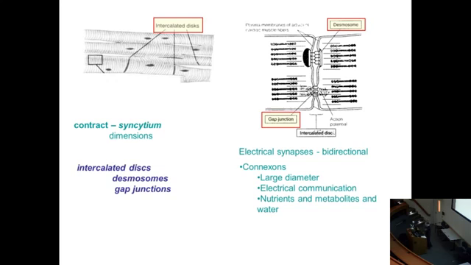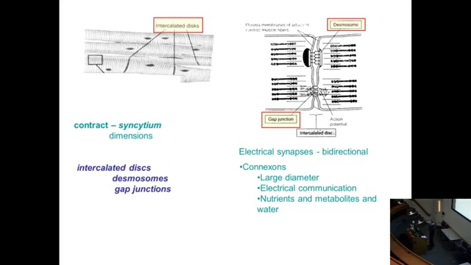There are 2 types of connections in the intercalated discs that we're concerned with. One is the desmosomes. They are anchors. So they anchor the cell membrane of cell 1 to the cell membrane of cell 2, and make it very hard to separate them. And we have gap junctions, which we very briefly covered in the synapses lecture.